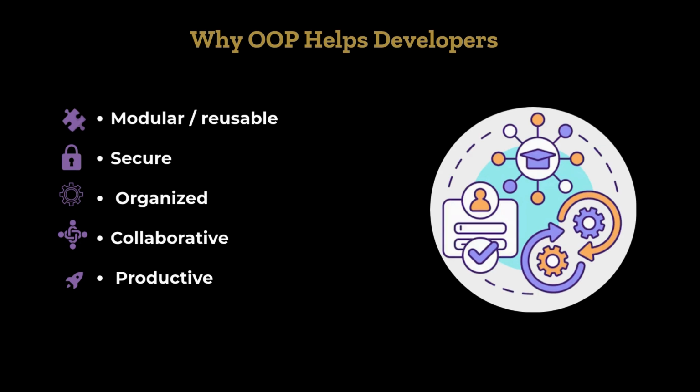They can build new features by reusing existing classes and extending them instead of starting from scratch. It also improves organization, security, and teamwork. Since each class is self-contained, multiple developers can work on different parts of the same program without interfering with one another. Overall, OOP helps us write cleaner, safer, and more efficient code.